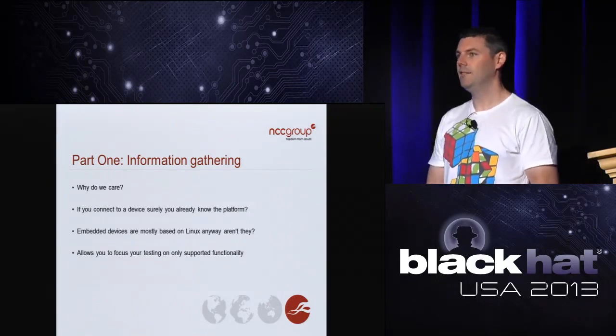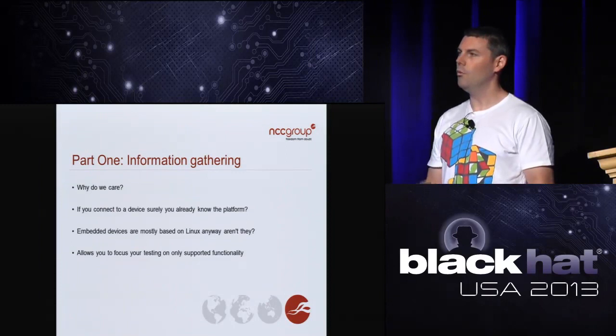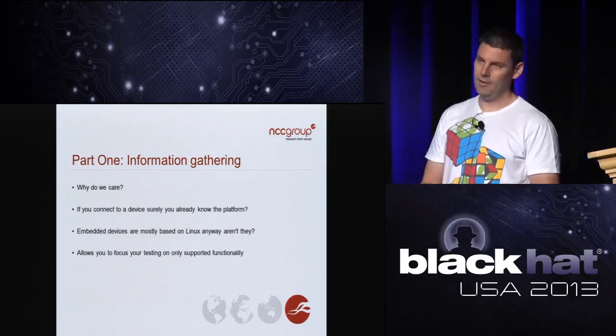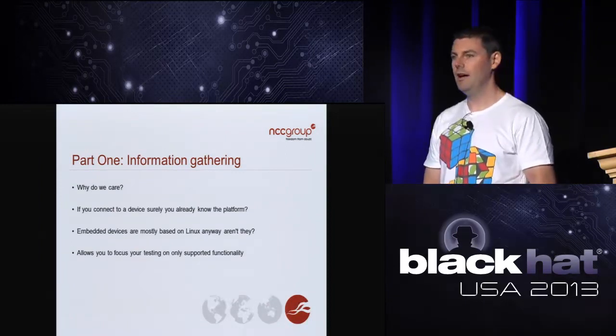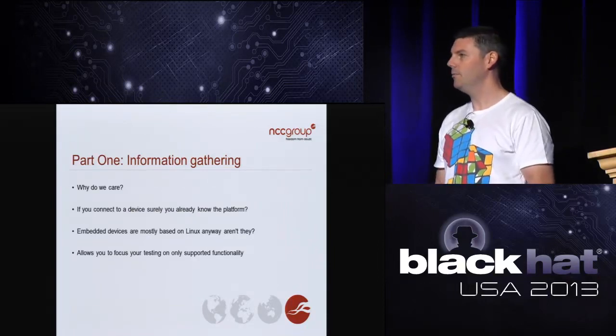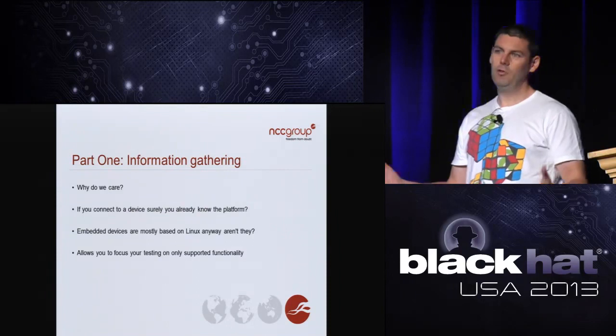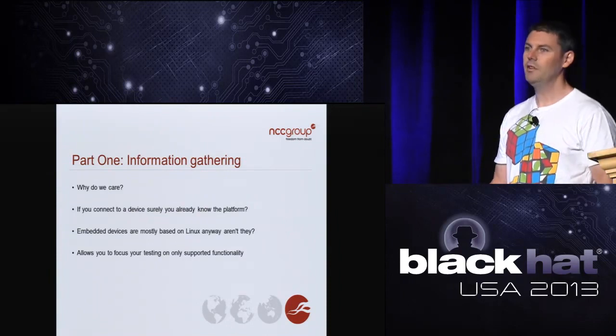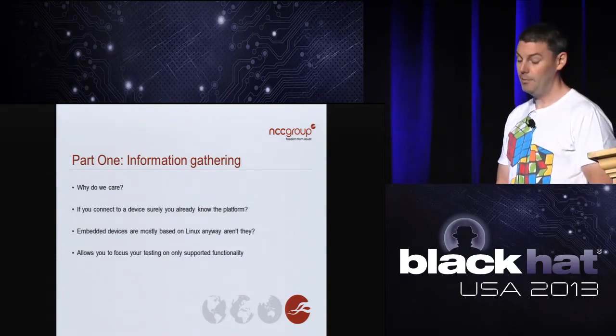Certainly with embedded systems, more and more we're getting to test devices that are part of automotive systems, SCADA type systems, where we may be just provided with a black box that's got a whole bunch of interfaces, one of which may be USB.